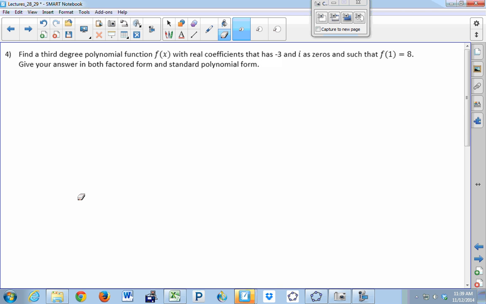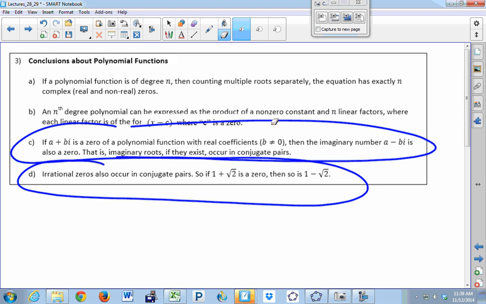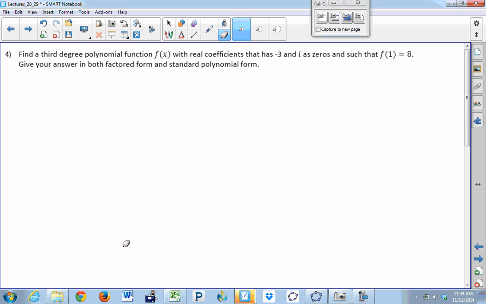How many do you see? 2. Go back to number 3. If you have an imaginary zero or an imaginary root, guess what? It comes with a friend, right? So if I tell you that you have 1 zero that's -3 and another zero that's i, what is implied without it being said? What else is another zero?